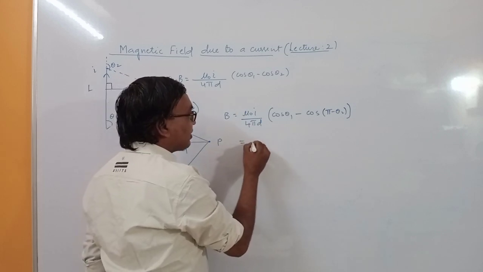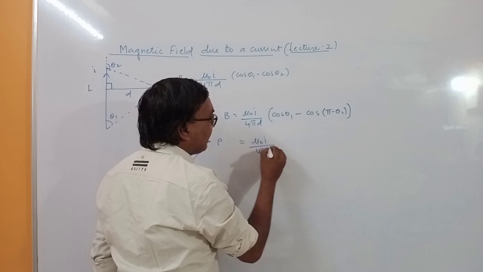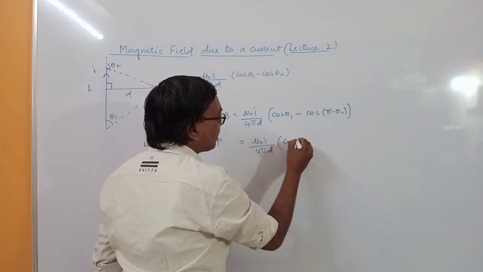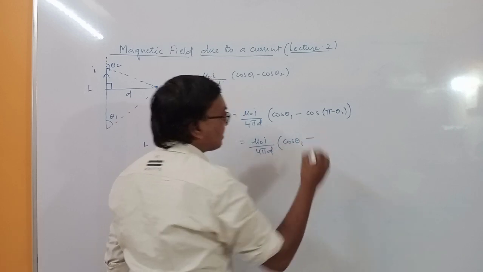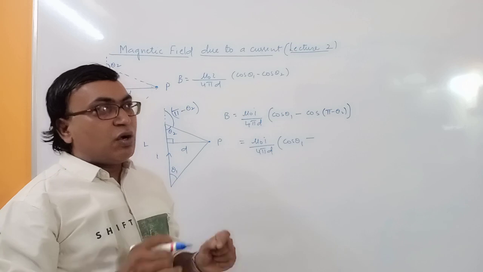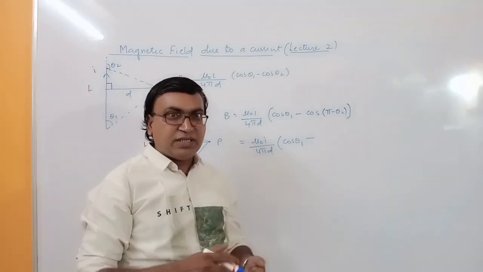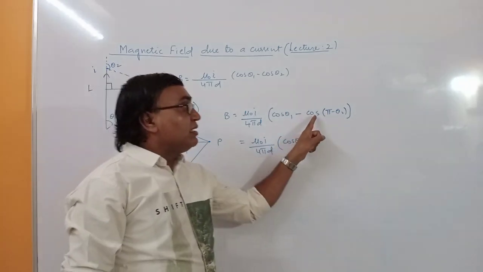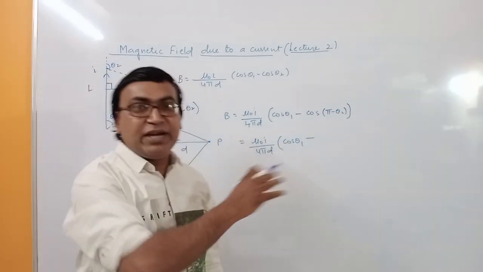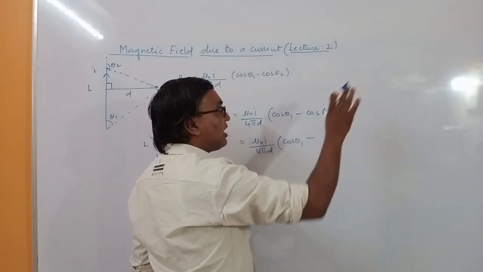So this equation will become mu naught I upon 4 pi d into cos theta 1 minus cos of 180 minus theta. Cos of 180 minus theta has the same function, that is cos theta, but this cos 180 minus theta lies in the second quadrant. So minus cos theta 2.